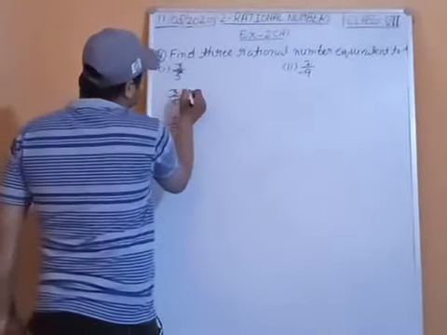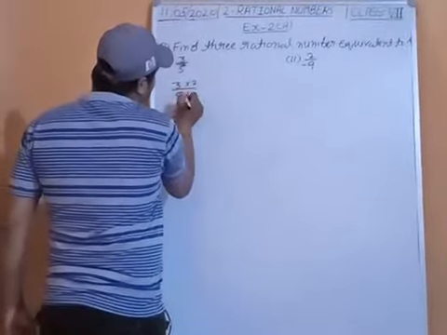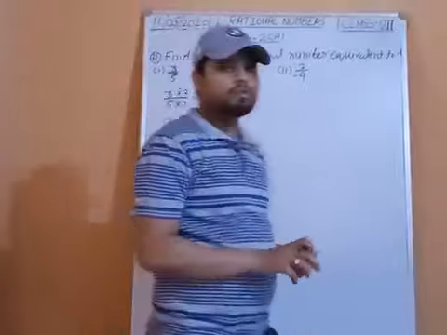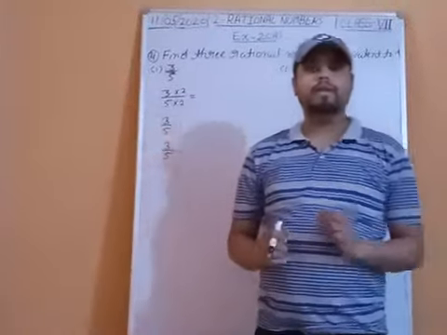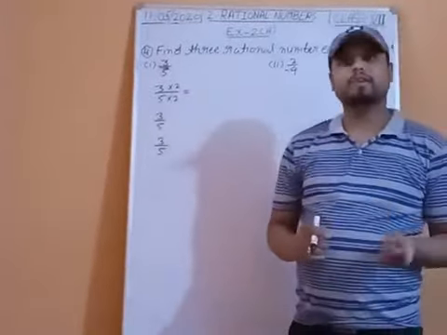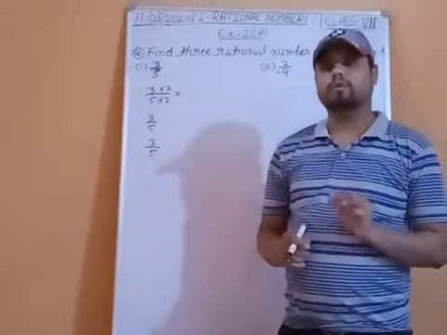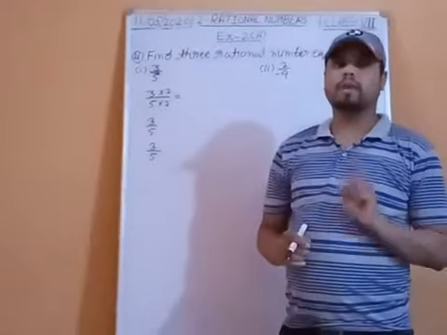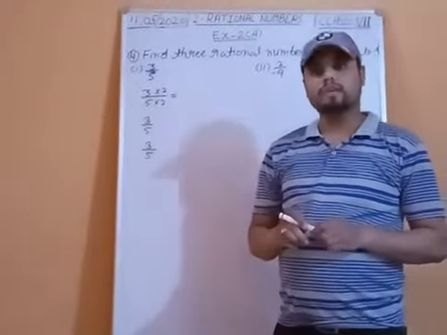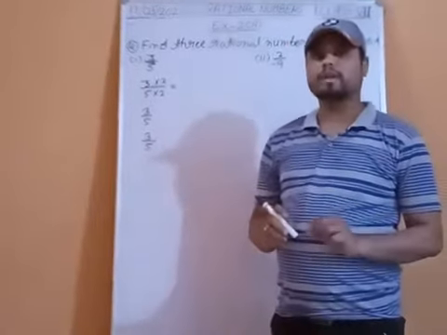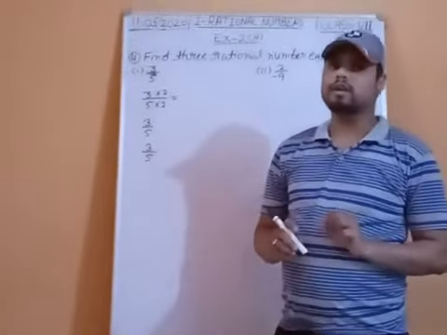One thing I want to make clear to you, that if we multiply numerator and denominator by the same integer, it makes no effect on the rational number.